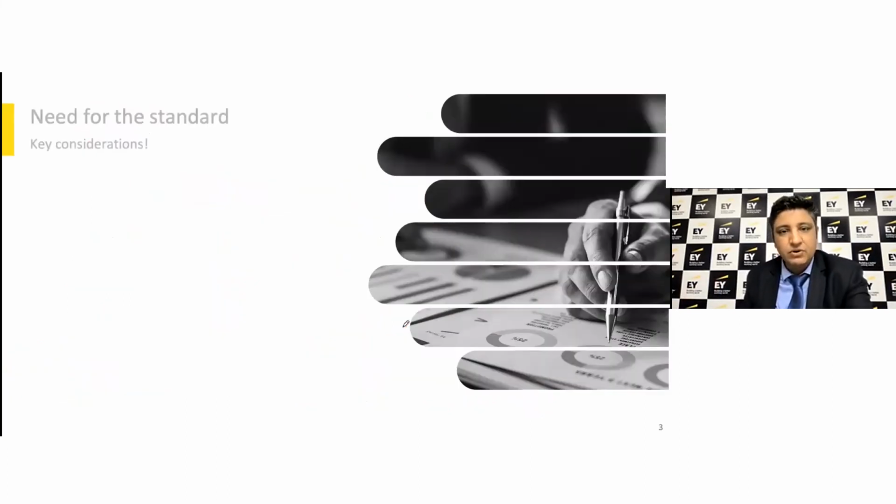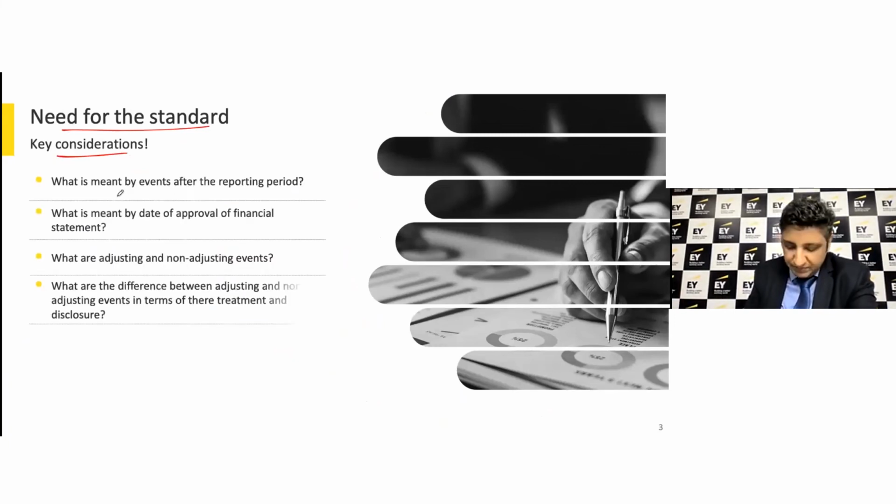Okay, so when I say I'm looking at the need for the standard, the key questions that I want to answer: what is meant by events after the reporting period? There are aspects that we want to discuss. What is the date of approval of financial statements? Something that we will eventually want to answer, or get very comfortable with, is the meaning of what is an adjusting event and what is a non-adjusting event, right?